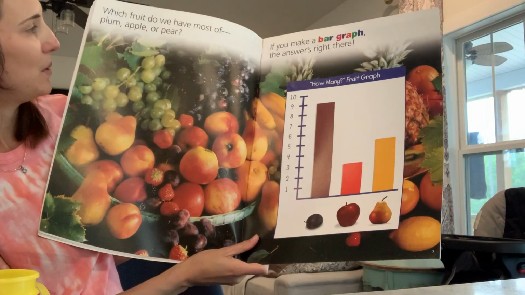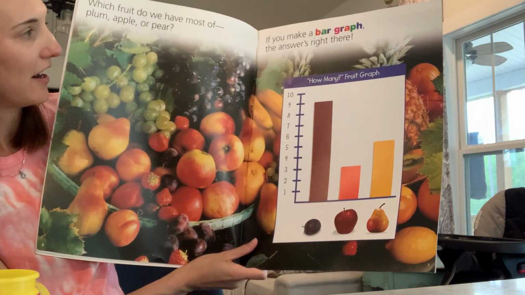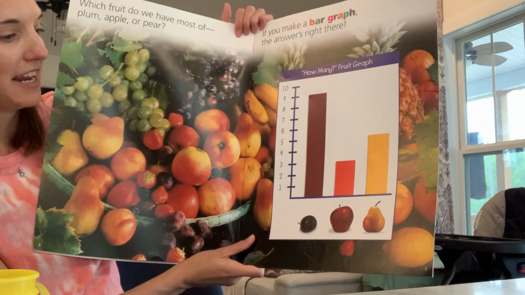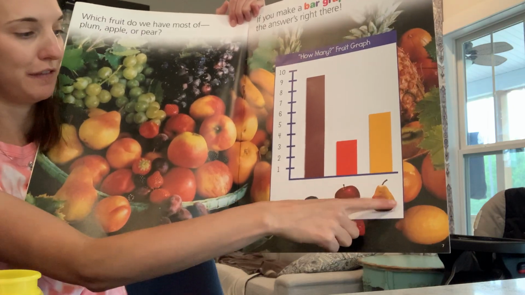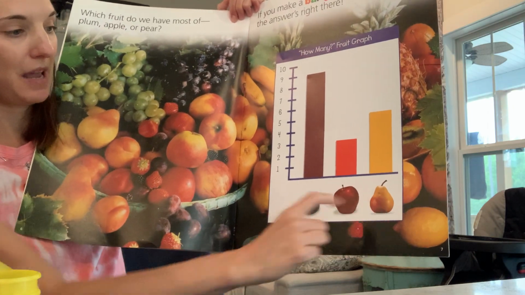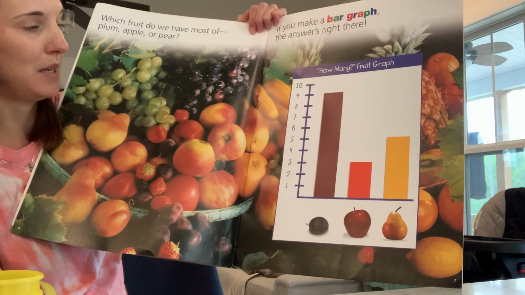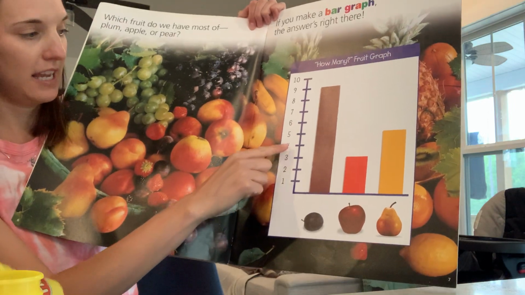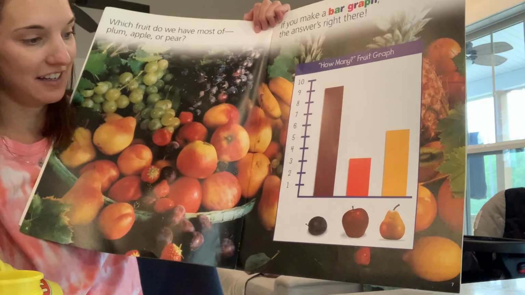Which fruit do we have most of? Plum, apple, or pear? If you make a bar graph, the answer's right there. On this part of the graph, it shows the name of the fruit, the plum, the apple, or the pear. This side of the graph shows how many people like each fruit. 1, 2, 3, 4, 5, 6, 7, 8, 9, 10.